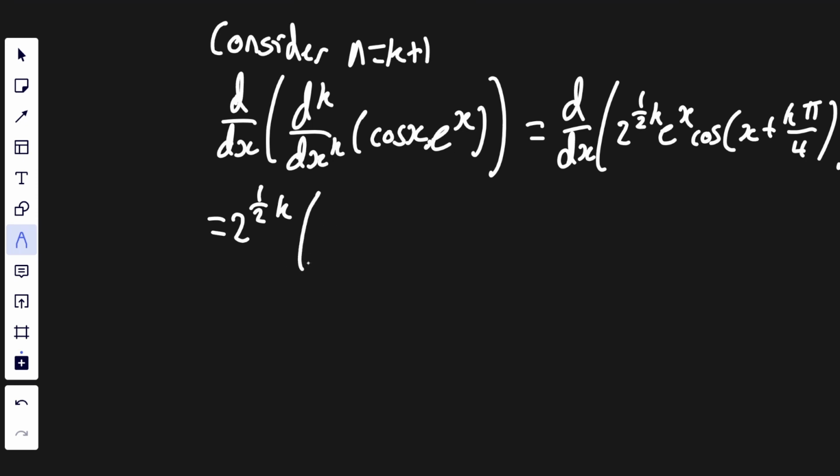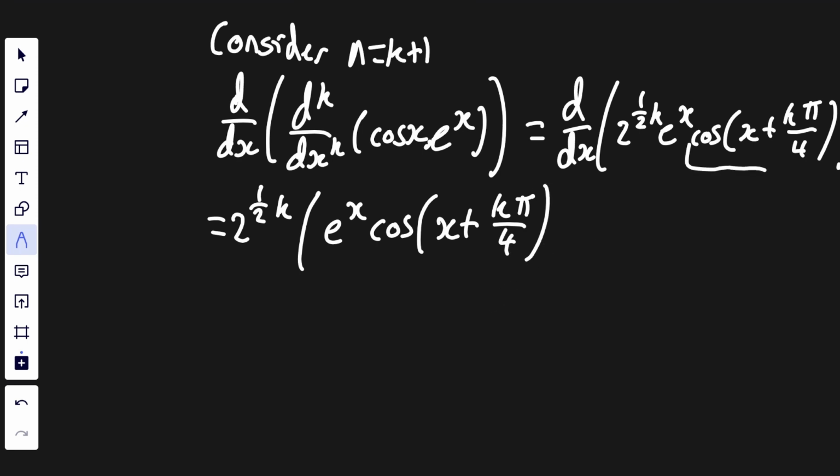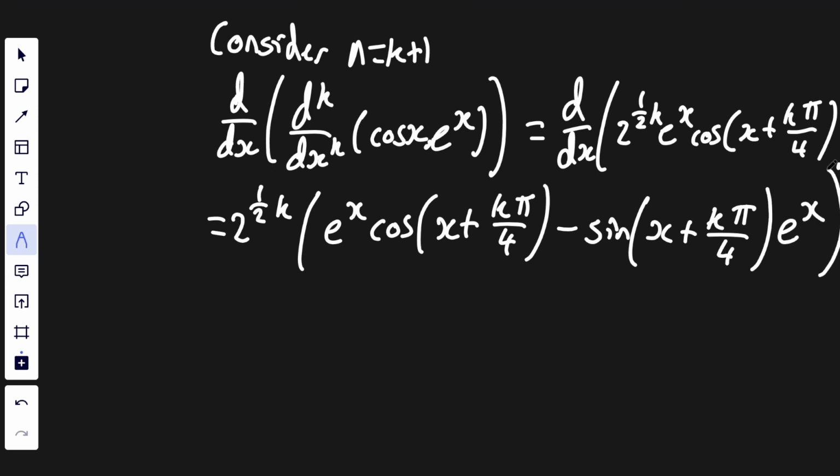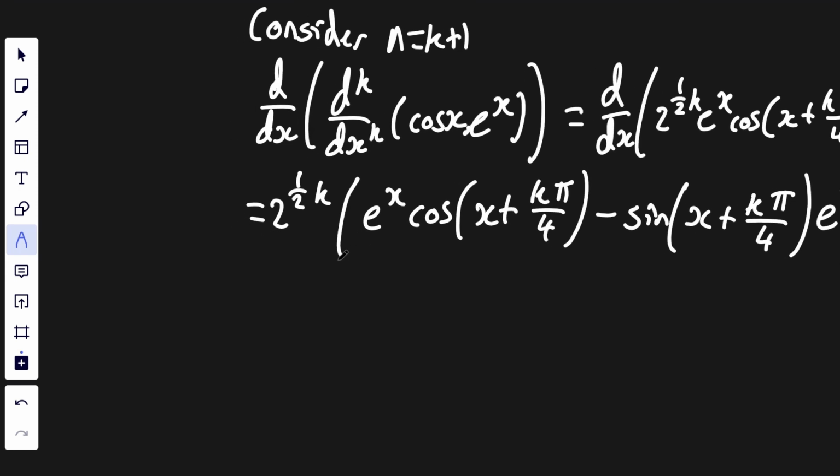We've then got the derivative of e to the x multiplied by the other function, and then we're going to have the derivative of this function, so it's minus sine of (x plus k pi on 4), multiplied by e to the x.